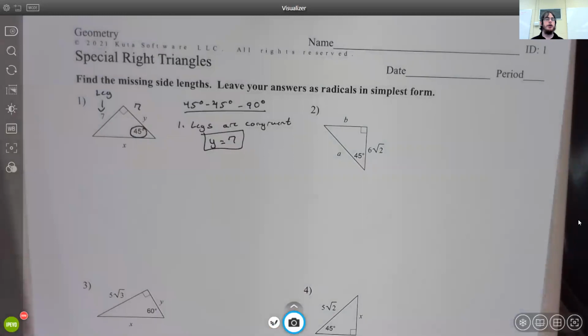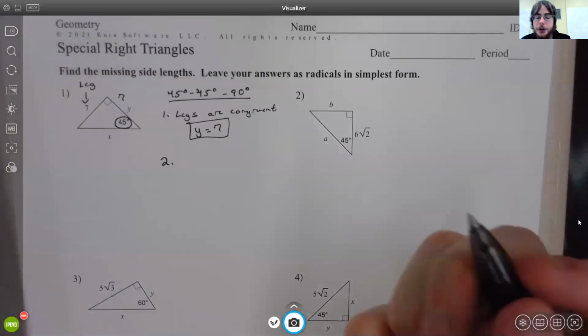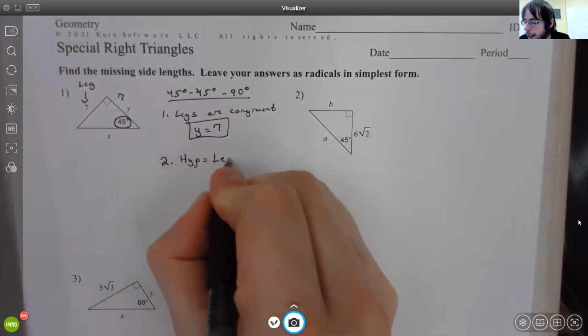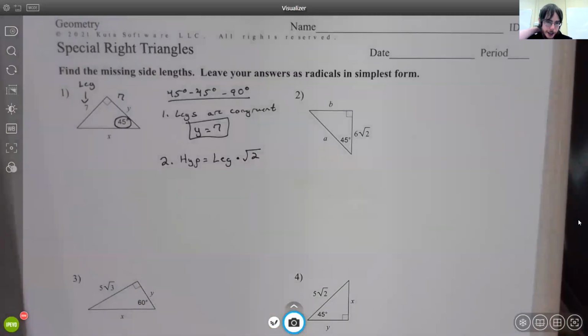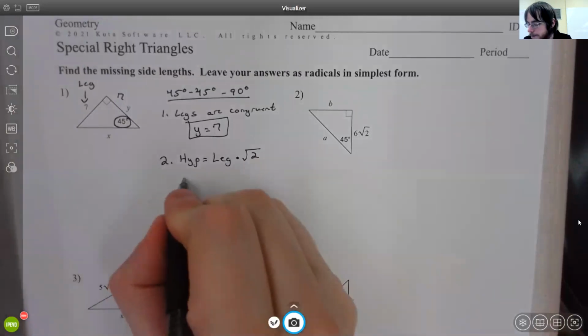Now, the other property for 45, 45, 90 triangles is that the hypotenuse is equal to the leg times the square root of 2. In this case, we don't know what the hypotenuse is, but we do know what the leg is. So our hypotenuse is x.